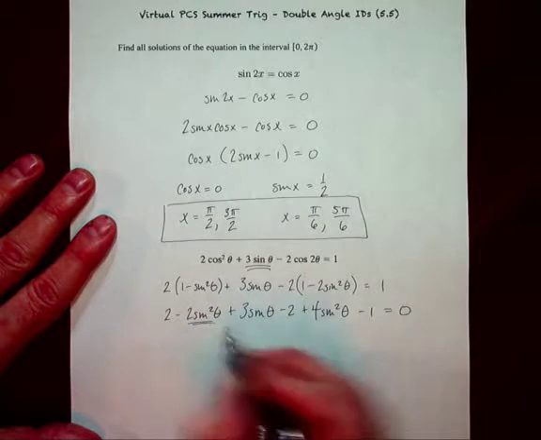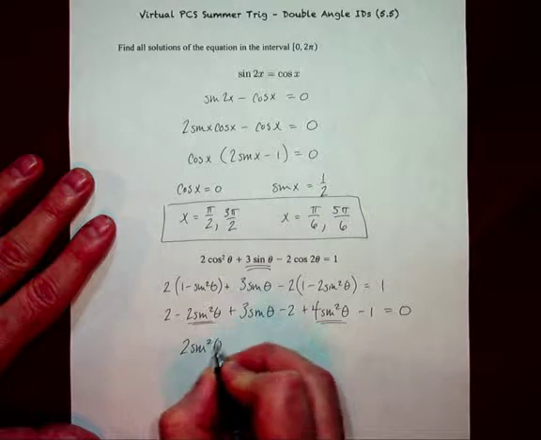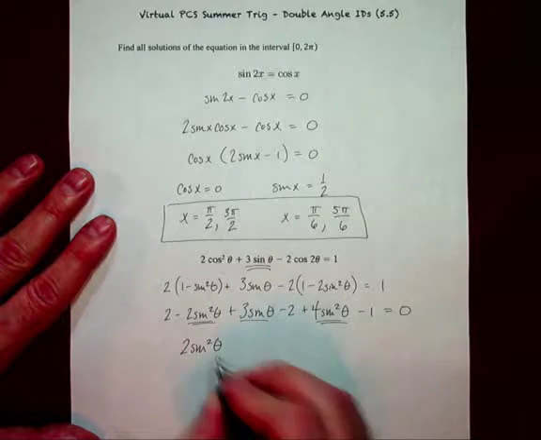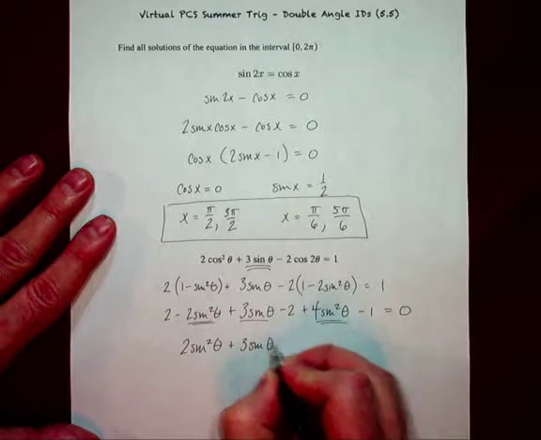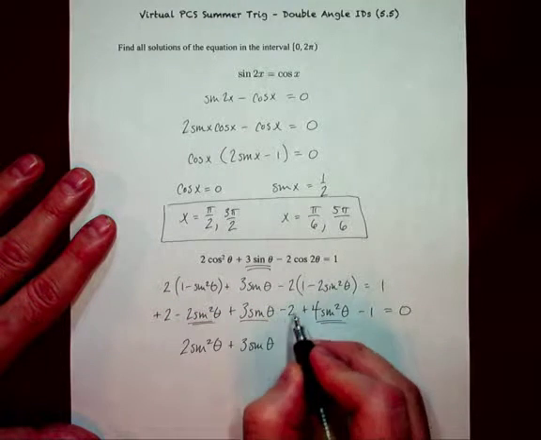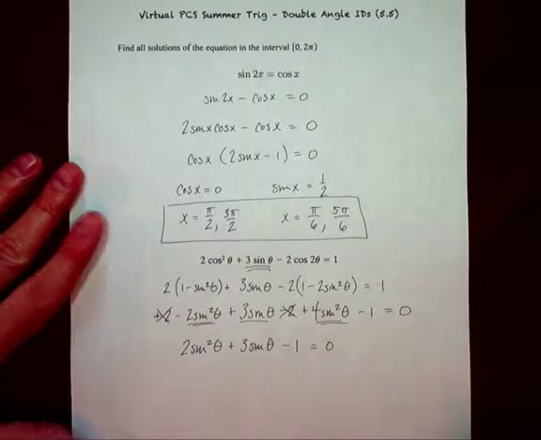Okay, this is second degree, that's second degree, so I'm going to get 2 sine squared theta. That's the only first degree term, so that's going to be 3 sine theta. That's positive 2, that's negative 2, so those cancel out, and I'm just left with minus 1.